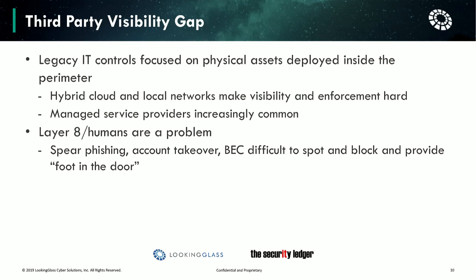It actually works a fair amount, but it could be part of a longer play than that. It could be about getting access to certain assets or data, getting control of credentials, and so on. So those types of spear phishing attacks targeting layer 8, or your employees, are really common.